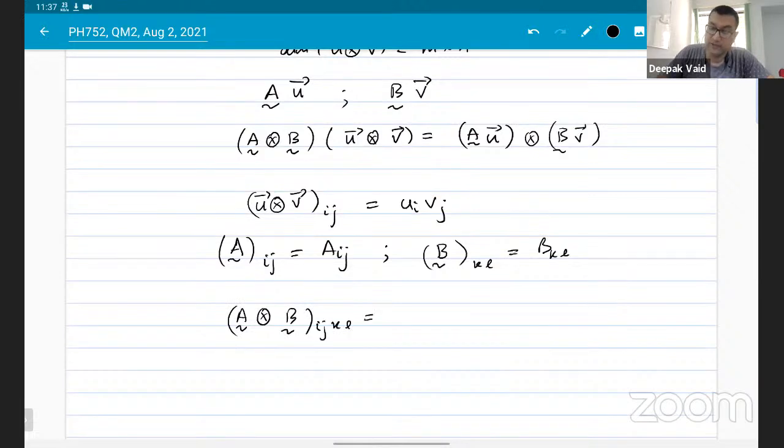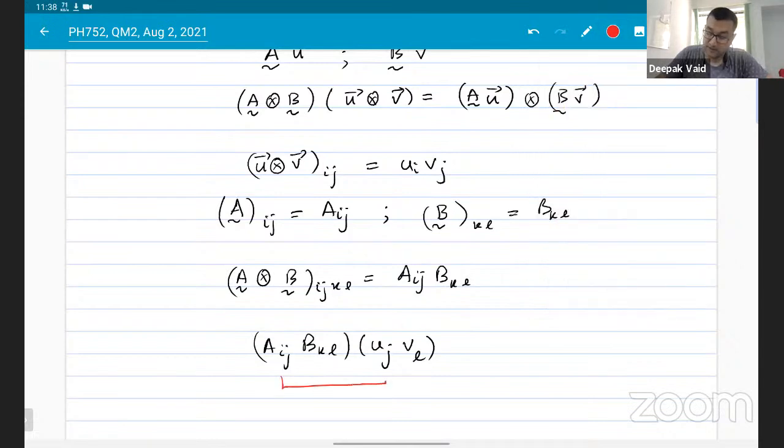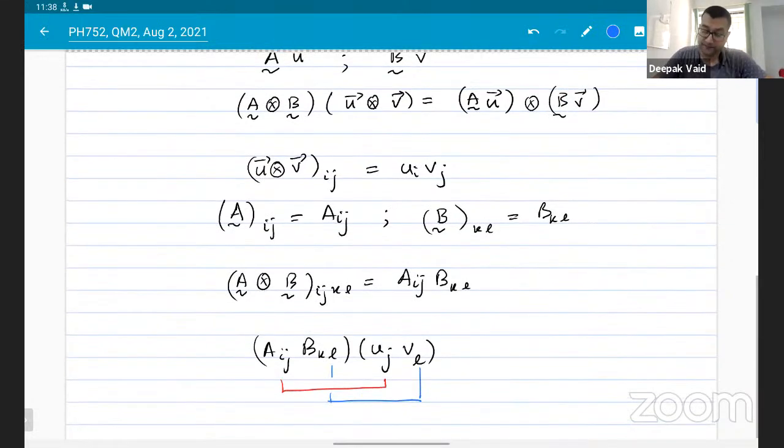Well, this will have 4 indices, right? So you'll get Aij Bkl like this. How will this act on U and V? You'll get Aij Bkl Uj Vl, right? So you will have a contraction between the J index and the L index, right?